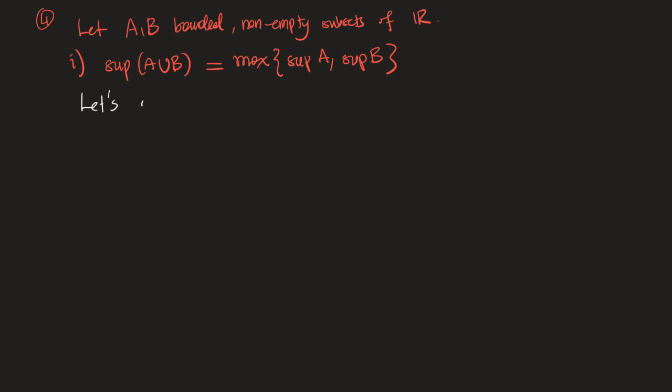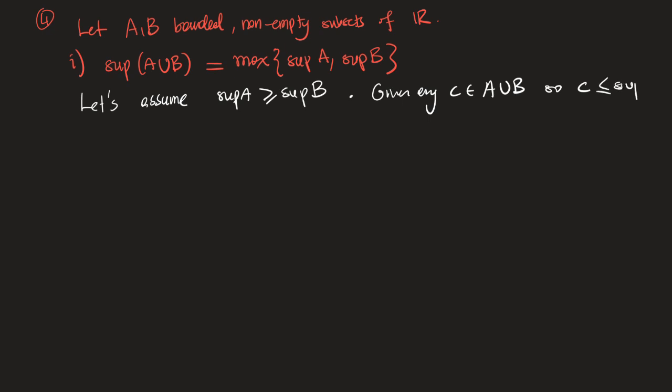Let's assume supremum A is bigger or equal to supremum B. Given any C in the union, if this C is from B, then this C is less than supremum B, and since supremum B is less than supremum A, this C is less than supremum A. So C is less than supremum A by the definition. So we have an upper bound.